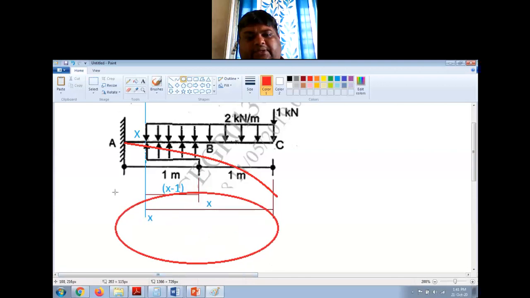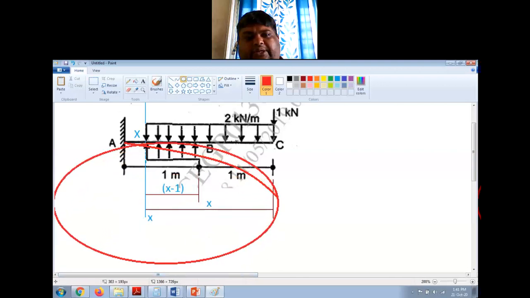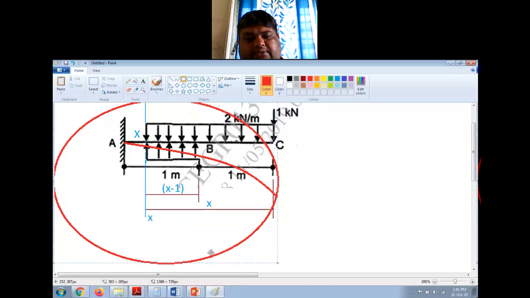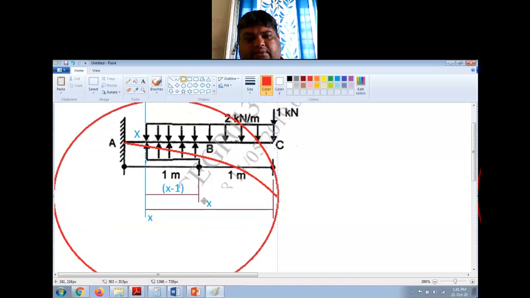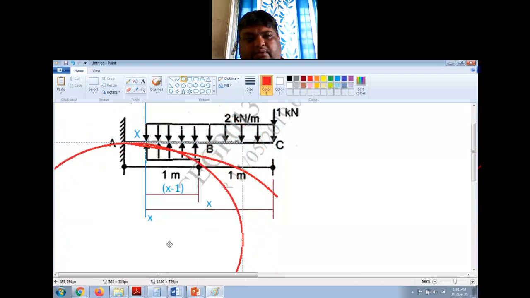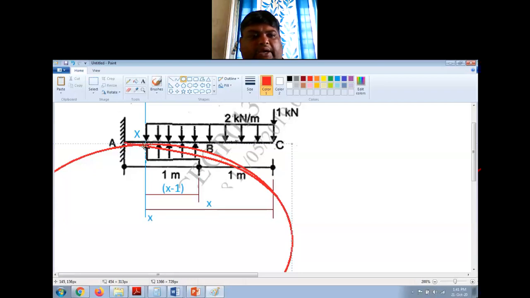So when you extend this, you will get a circle like this. So this is the deflection, and it will be like this.